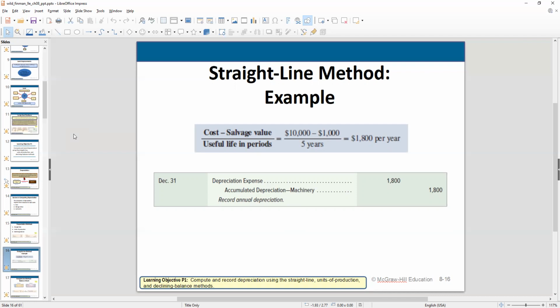Now, accumulated depreciation is a contra account to property, plant, and equipment. The reason why we have to keep track of depreciation is we have to know whether or not we have a gain or a loss when we dispose of the item. Something you should picture is look at BMW.